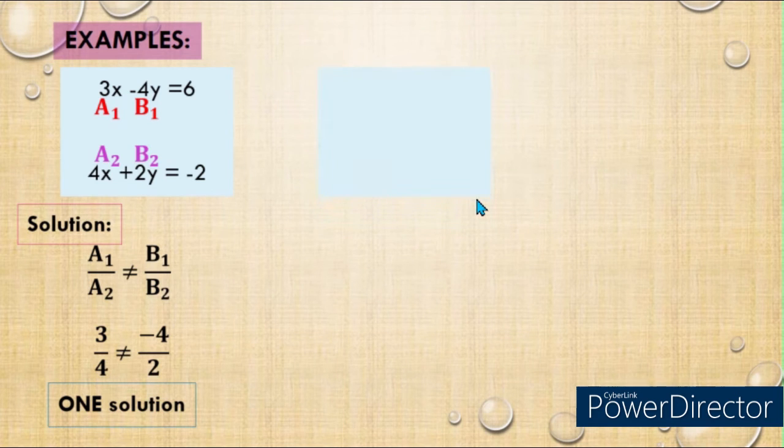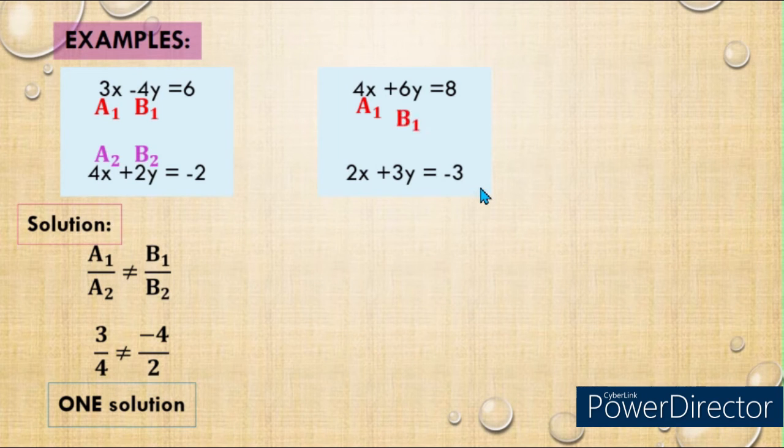Okay, so now let's proceed to example number 2. We have equation number 1, 4x plus 6y is equal to 8. And equation number 2, 2x plus 3y is equal to negative 3. So, identify natin the a sub 1, b sub 1, c sub 1, a sub 2, b sub 2, and c sub 2.